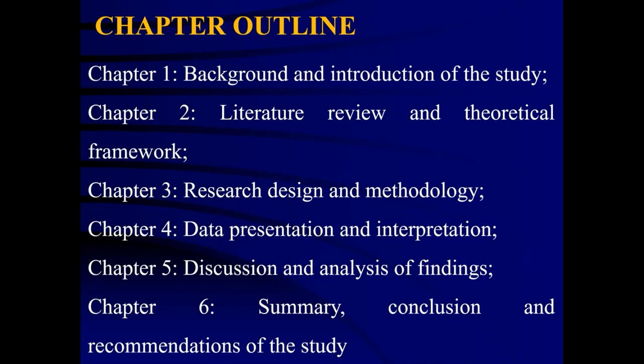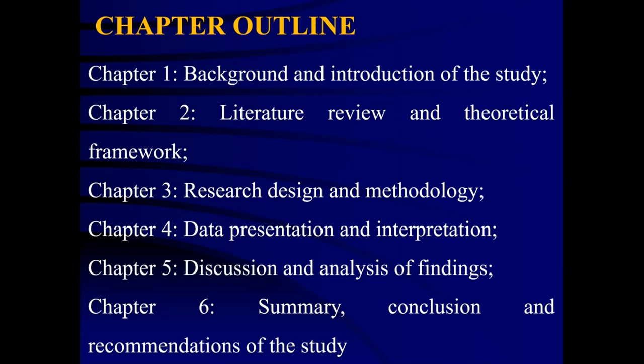As I conclude, you must also have your research outline or the chapter outline of your entire proposal. In this section, you are telling us what each chapter entails. For instance, in your chapter 1, you explain that this chapter consists of the background and introduction of the study.